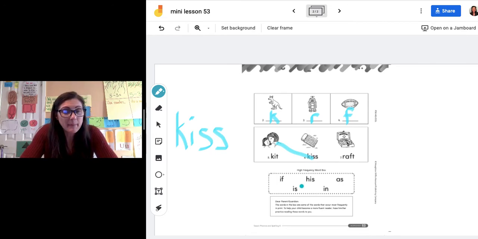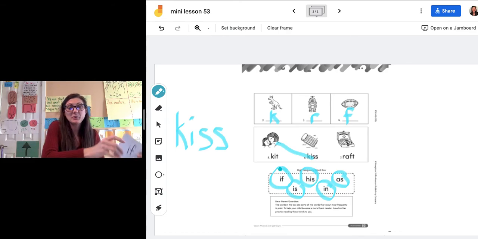Our sight words down at the bottom, no new words right now. We did practice typing these words into the chat today. Please double check that they're on your word wall. I'll circle the word. You say it if you know it. All right, so we have, and I have them here too, we practiced in class.